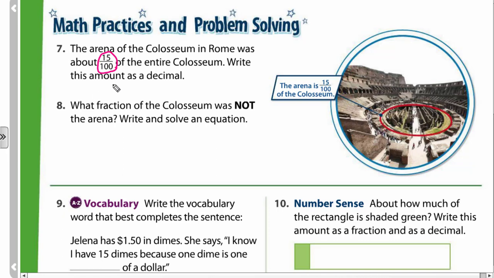Write this amount as a decimal. Okay, go ahead. We need to write this number as a decimal.